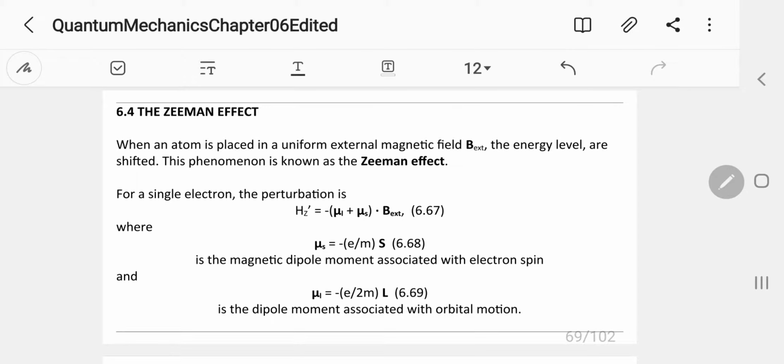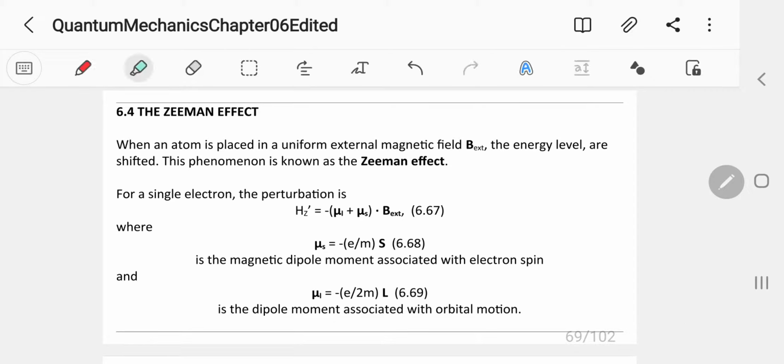For a single electron, the perturbation is given by this. There are two components of magnetic dipole moment. You have the magnetic dipole moment associated with the electron spin, and the dipole moment associated with the orbital motion here.